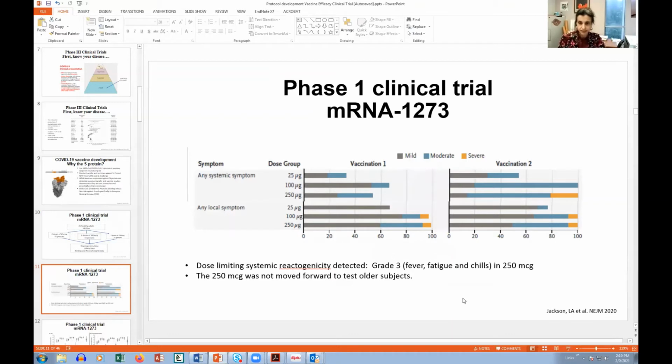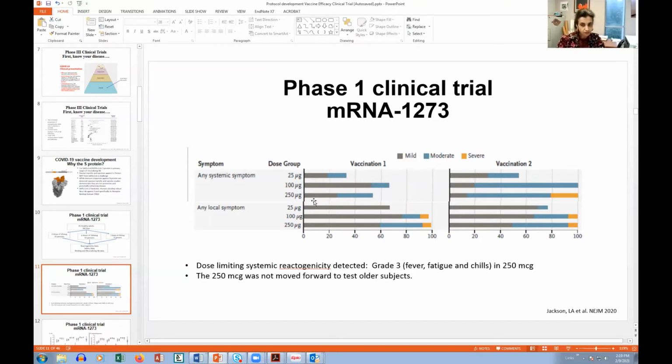Here we see the issue of the dose selection. The 25 microgram individuals tolerated the vaccine quite well. A fraction of them had systemic or local symptoms, but the majority were mild to moderate. The 100 microgram, you can argue all of them had something after dose 2, but again, the majority was in the mild to moderate intensity.